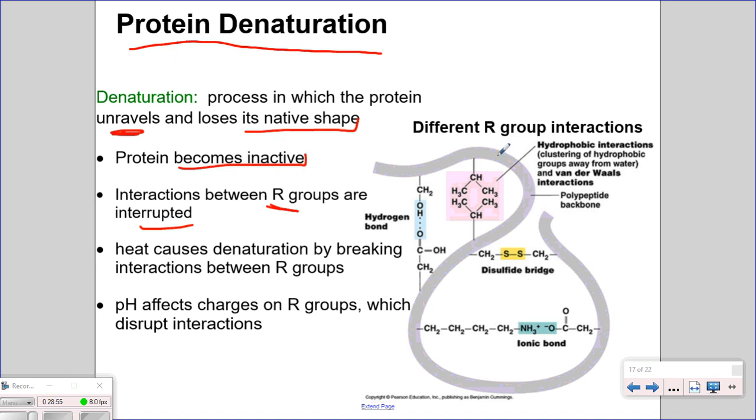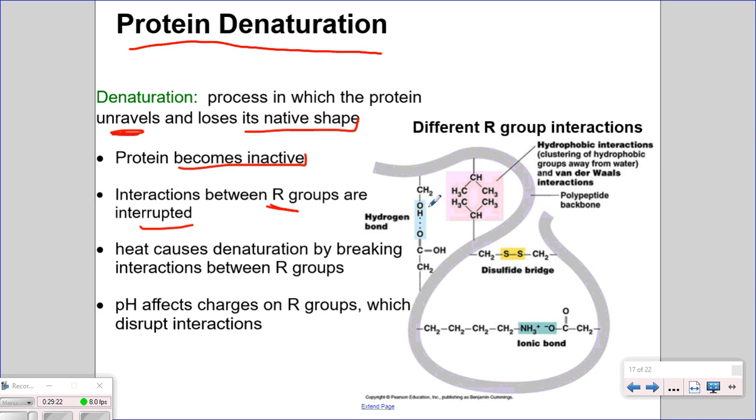There are different R group interactions that help hold that protein in place for its tertiary structure. So here is our protein. This is our purple line. The purple line itself would just be the primary structure. And then the specific shape that this primary structure takes is going to be the tertiary structure.